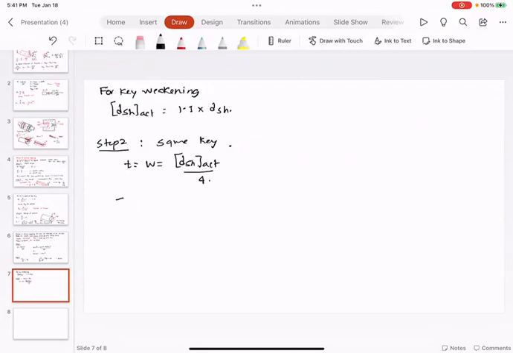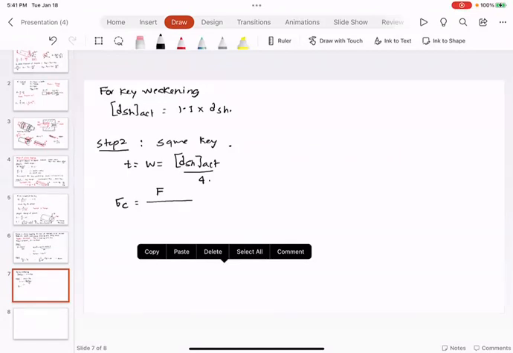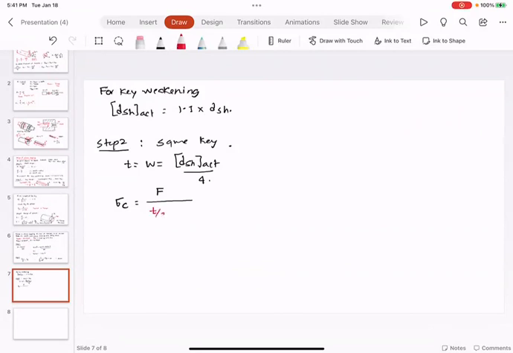Then to find the length of the key, sigma crushing is equal to F divided by T by 2 multiplied by L. F is equal to T actual divided by D shaft actual by 2.